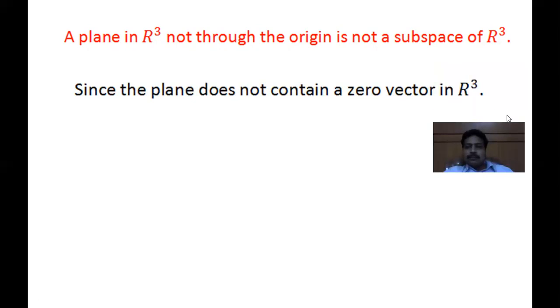Zero vector in R3 is 0, 0, 0. That is the origin. If the plane does not pass through the origin, it does not contain the zero vector. So we lost that condition. So it is not a subspace of R3.